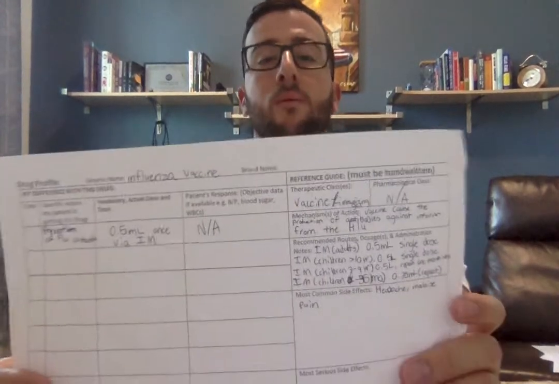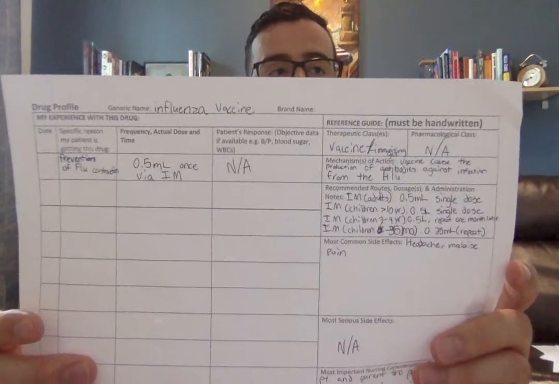Okay, next thing I want to do is educate my patient on the drug. So here I have my drug sheet. Hold it here so you can see. Okay. So the influenza vaccine, the purpose of this is to prevent flu contraction. Frequency, so it's going to be 0.5 ml once via intramuscular.